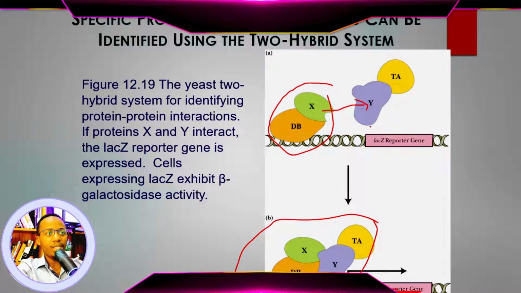So you see signal. You only see signal when there is interaction. And what's not shown here is also that we use reporter genes to look at proteins that bind to DNA, right? You can use that as well. All right.